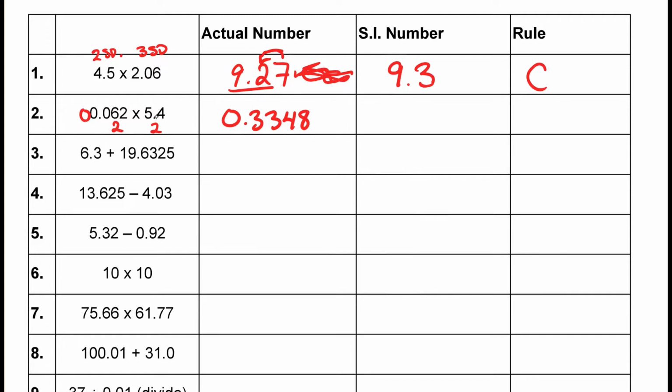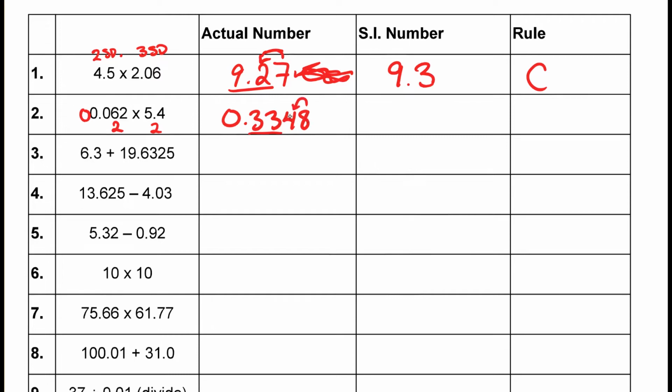So if we take 2 numbers and they each have 2 significant digits, we have to round to 2 significant digits. So we're going to be 0.33. Now, is the next digit over a 5 or higher? No, it's not. Some people really want to round the 4 up to a 5 because the next digit's an 8.